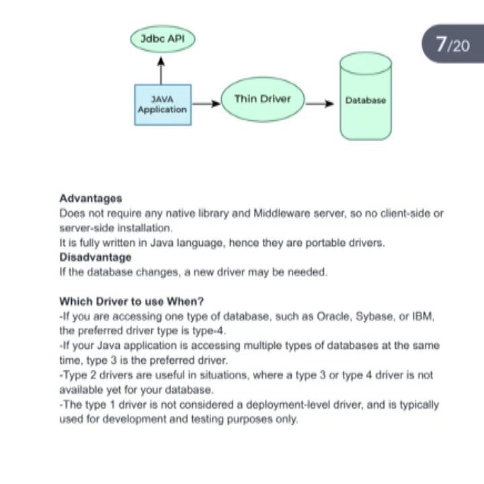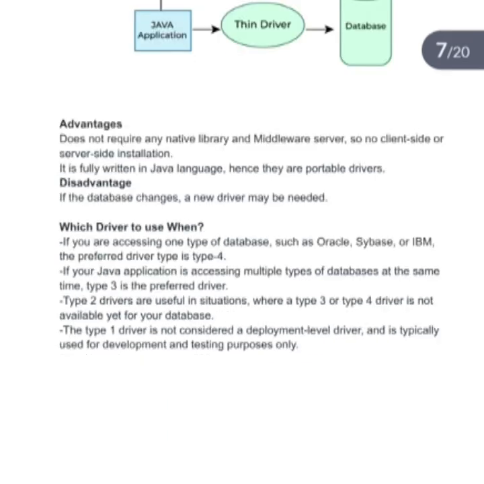Type 2 drivers are useful in situations when type 3 or type 4 is not available yet for your database, so you can use the type 2 driver in that case. The type 1 driver is not considered a deployment level driver and is typically used for development and testing purposes only.